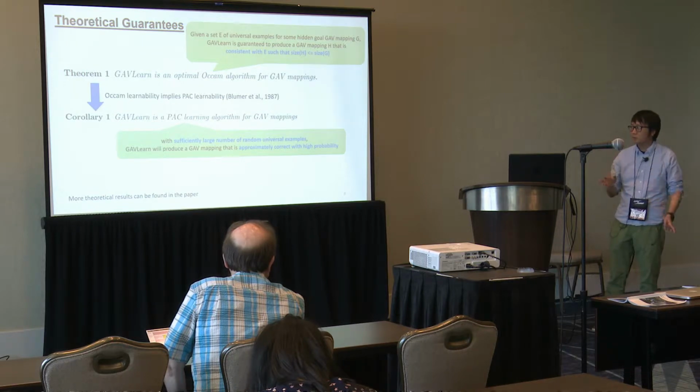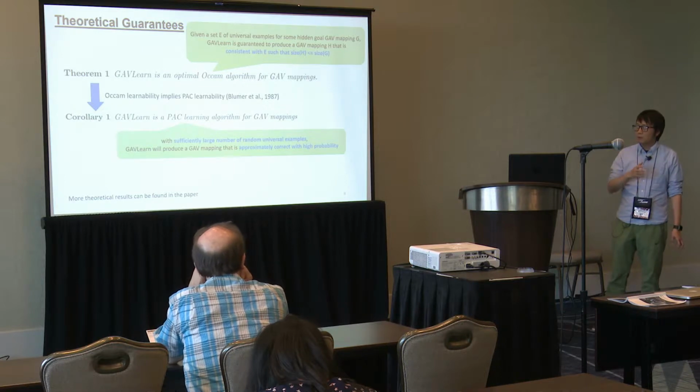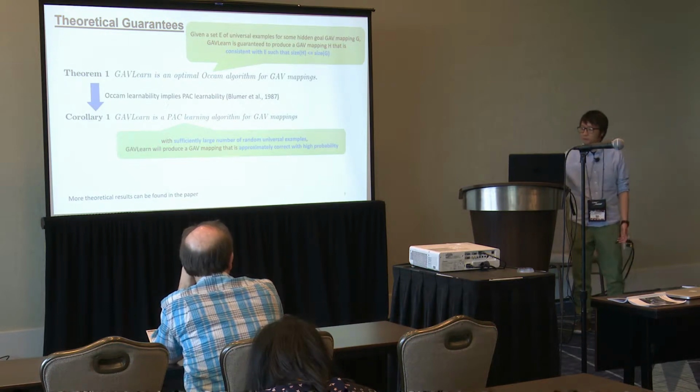Again, it means that with a sufficiently large number of random universal examples, GAVLearn will produce a GAV mapping that is approximately correct with high probability.